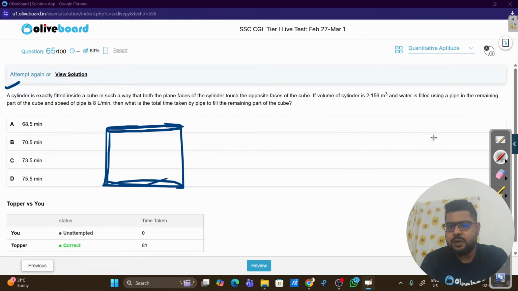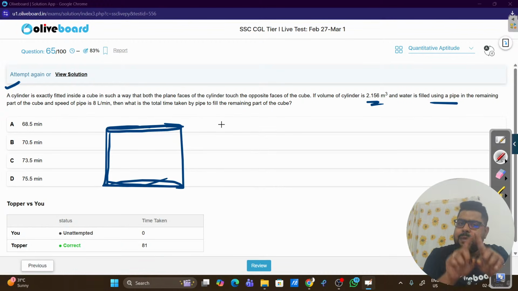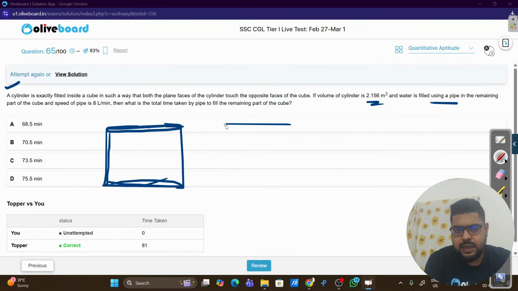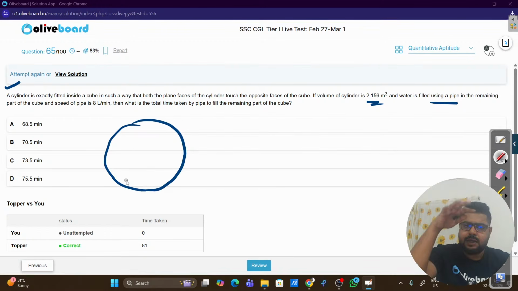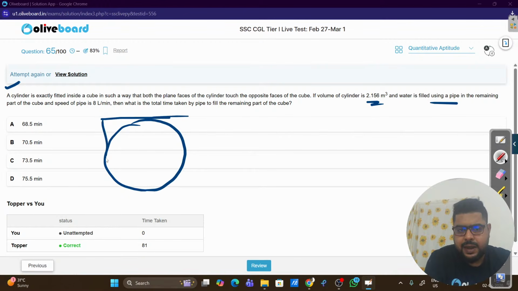Correct? Now the volume is this, water is filled. That means the diameter of the cylinder will be equal to what? If you draw it from another angle, the top-down view, this is the top of the cylinder, the diameter, and the plan view of the cube will be like this.